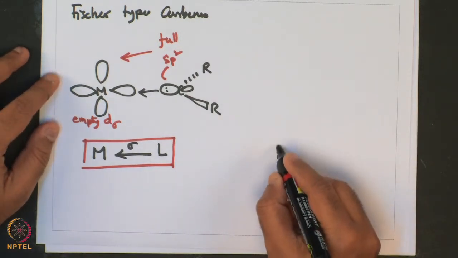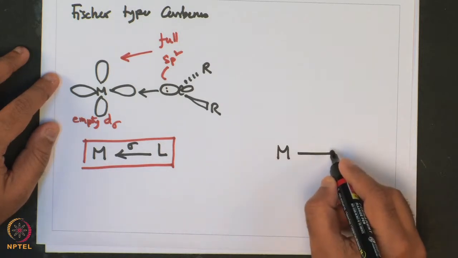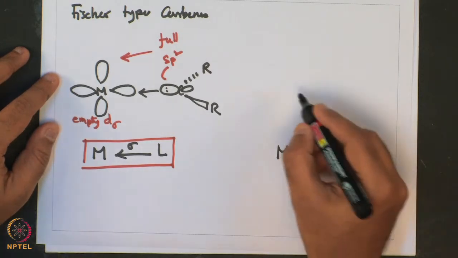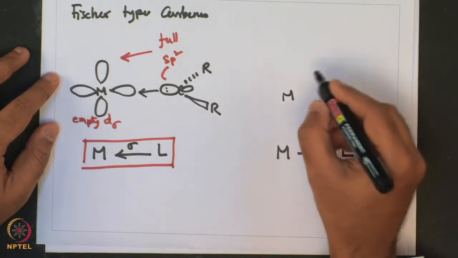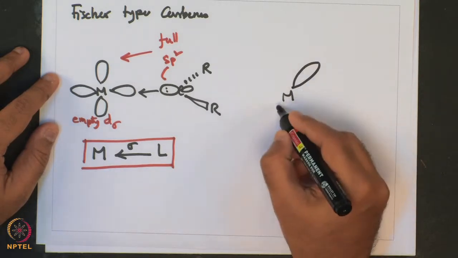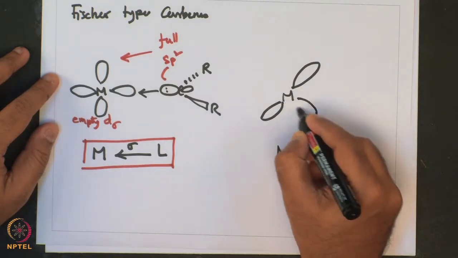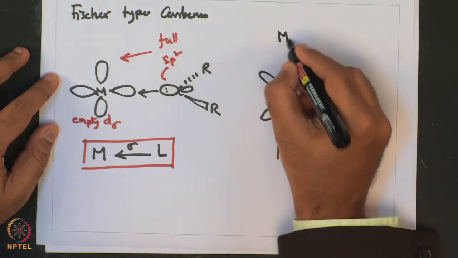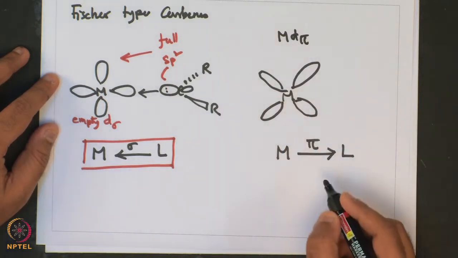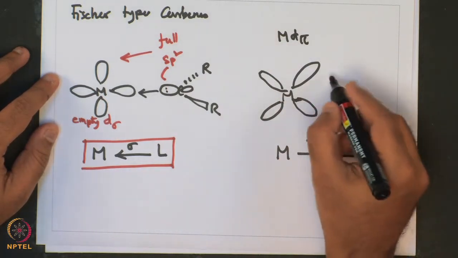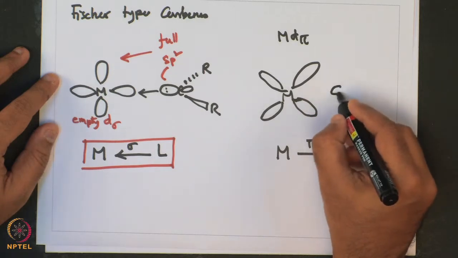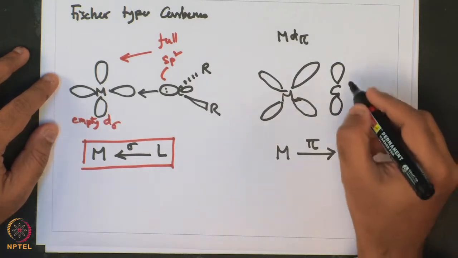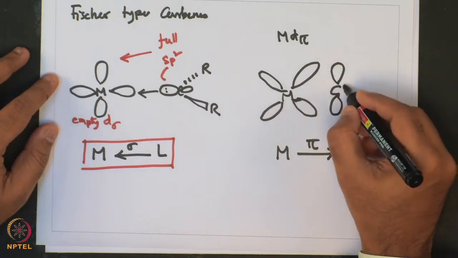The next type of interaction is the metal to ligand pi back donation, pi type interaction, where a metal full orbital, this is a metal d pi type orbital, donates its electron to the empty pz type orbital.